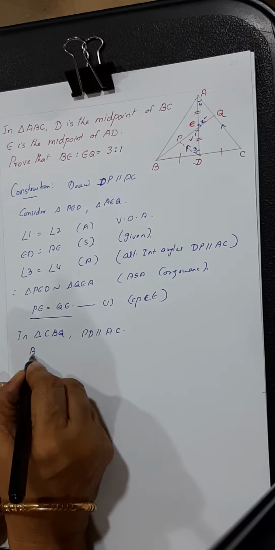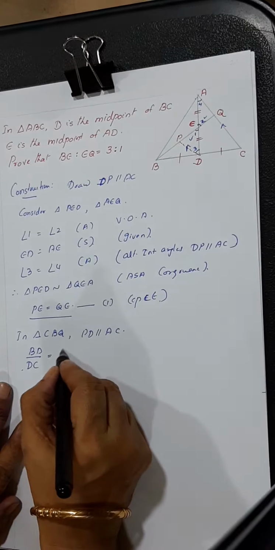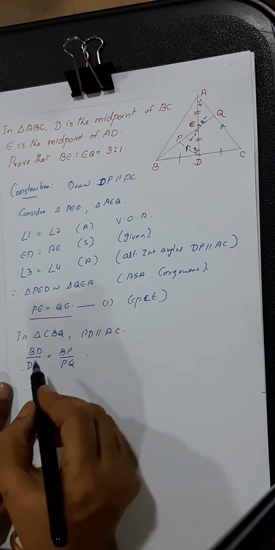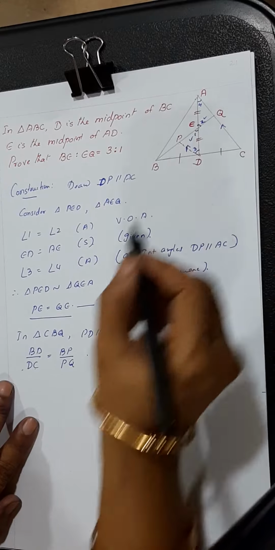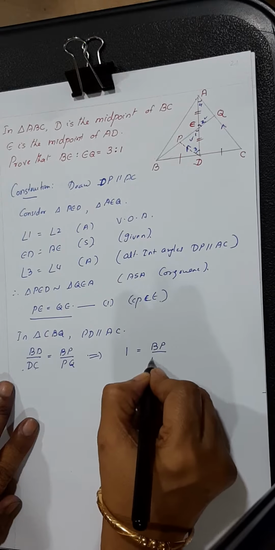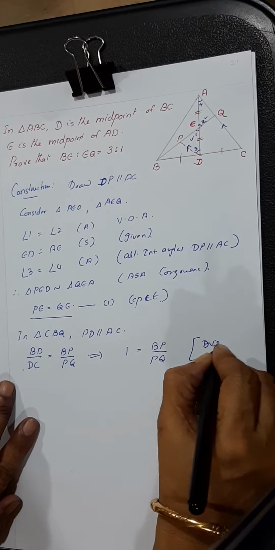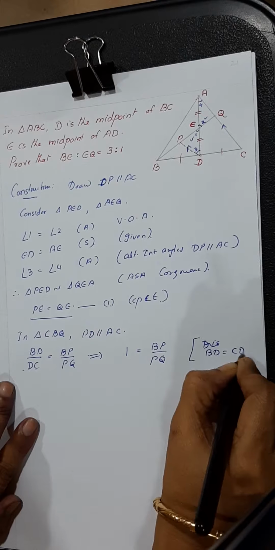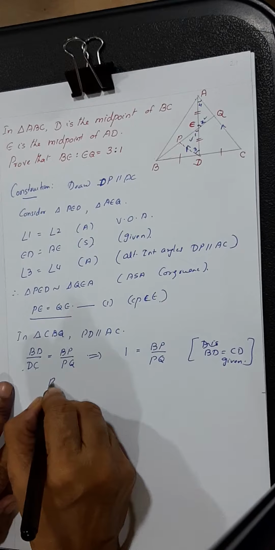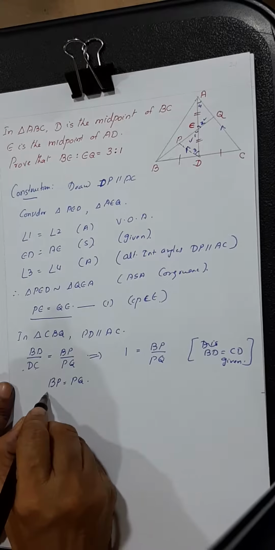So we can write BD by DC is equal to BP by PQ. So now BD by DC we know it is 1. So 1 is equal to BP by PQ. The reason is D is the midpoint. The reason is BD is equal to CD, given. So from this you get BP is equal to PQ.